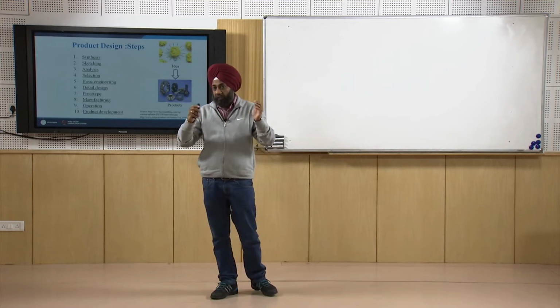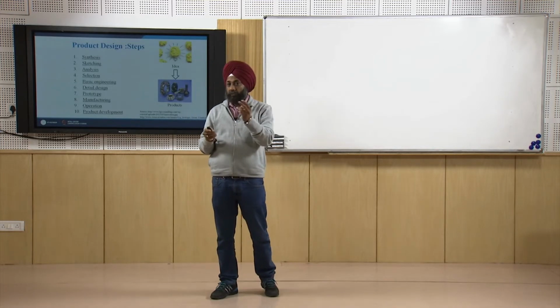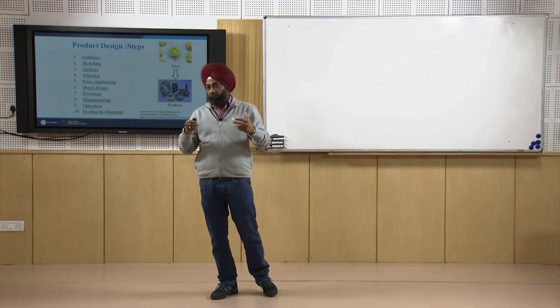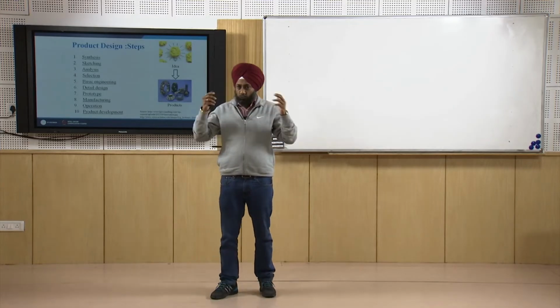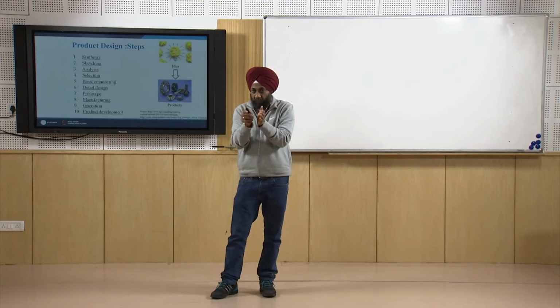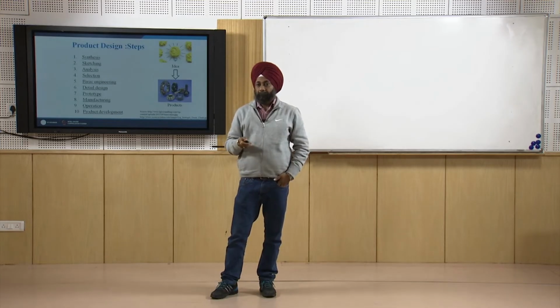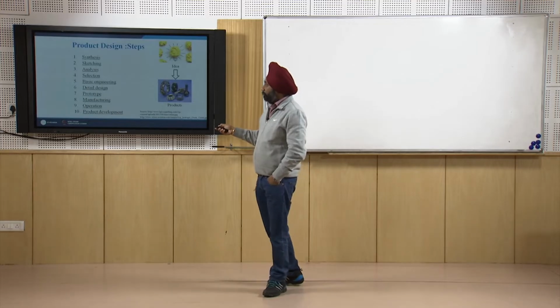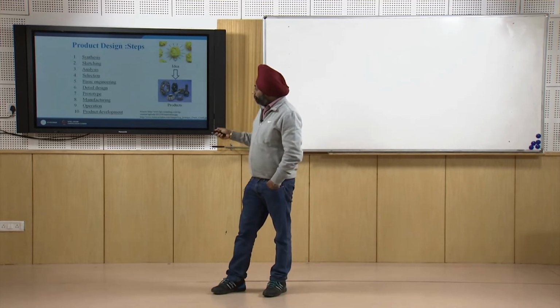Suppose you generate 100 ideas, only 2 or 3 ideas will reach the market, meaning they will be converted into a physical or tangible product. Therefore there is a need to generate a lot of ideas so that some of them can be converted into the final product. The analysis or evaluation of the ideas will take place at stage 3.